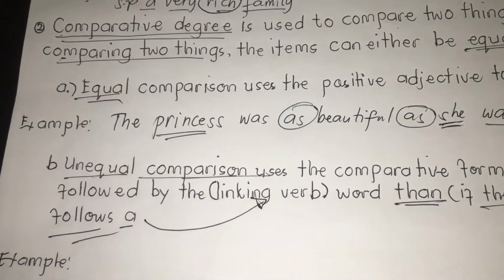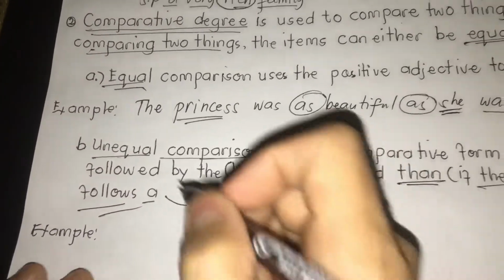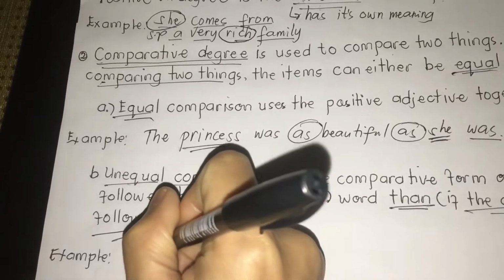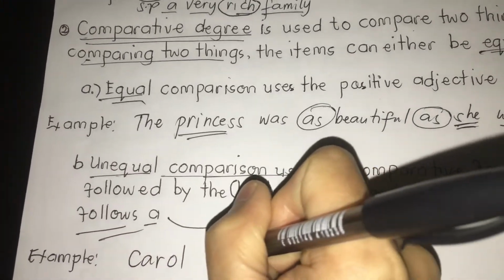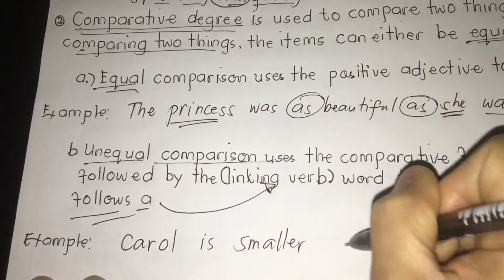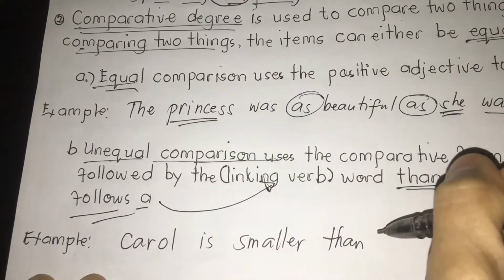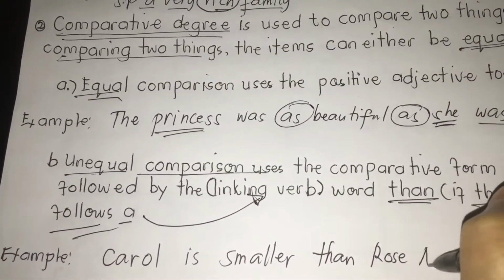We have an example using an unequal comparison. I'm going to write first here, Carol is smaller than Rose Ann. This is a very nice name.